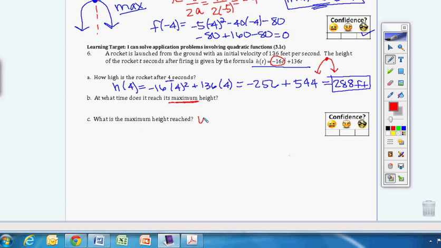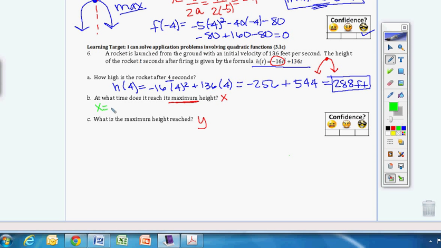Height is going to be your y value. The time is going to be your x value, if you need to think of it as x and y. We need to either complete the square or use our axis of symmetry. I think axis of symmetry works very nicely here because our vertex lies on it.